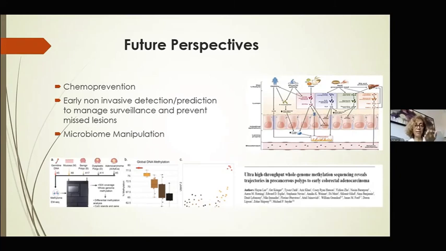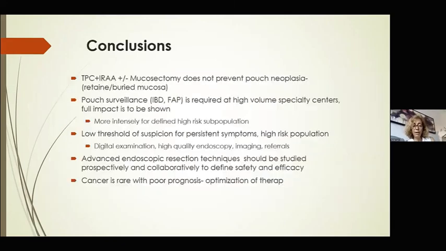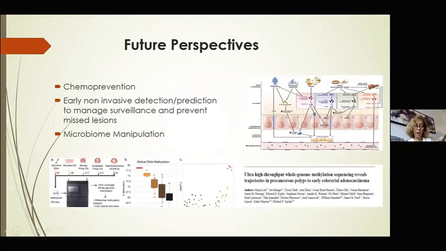One example for that is this pre-published report that looked at whole genome methylation pattern in FAP patients between normal to dysplastic mucosa. So there was an overall hypomethylation. And then between dysplastic mucosa to cancer, there was a focal hypermethylation, especially in promoters. In addition, the microbiome arena in relation to pouch neoplasia is not well understood as yet in both IBD and FAP, and hopefully can be manipulated.